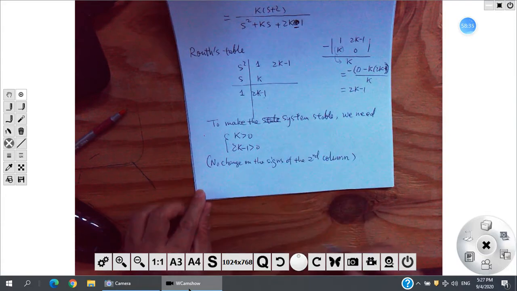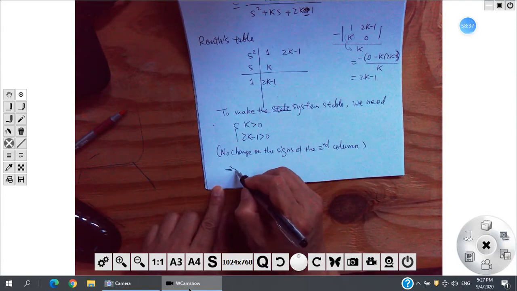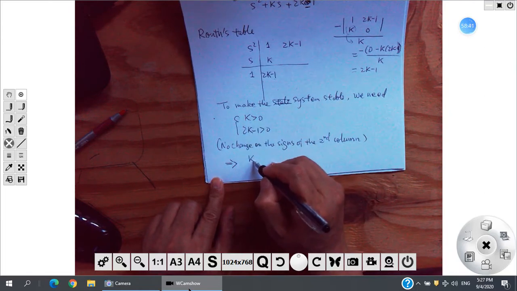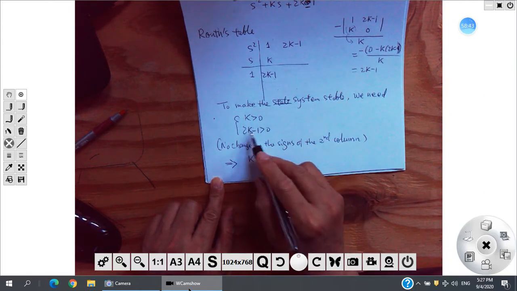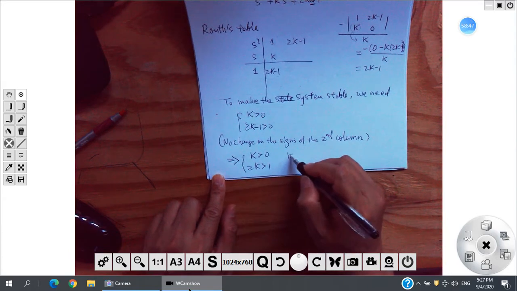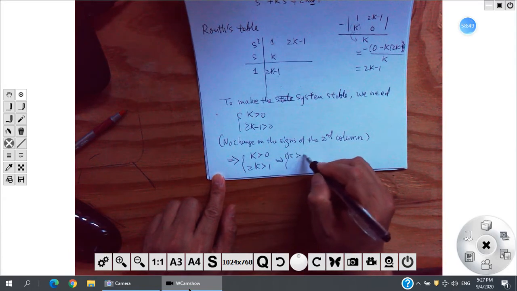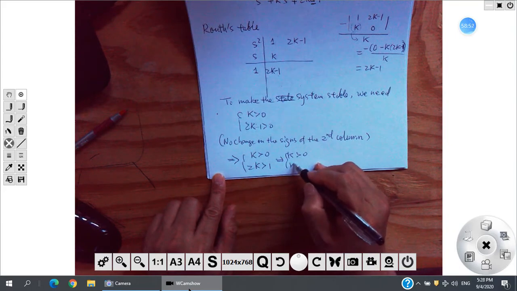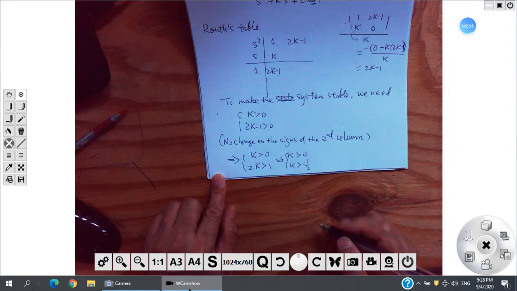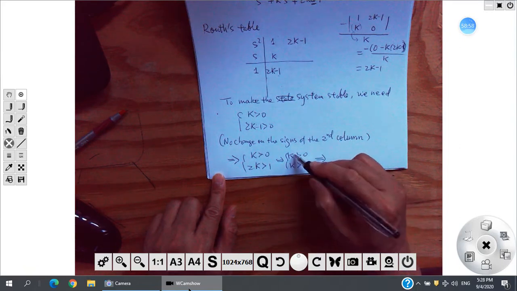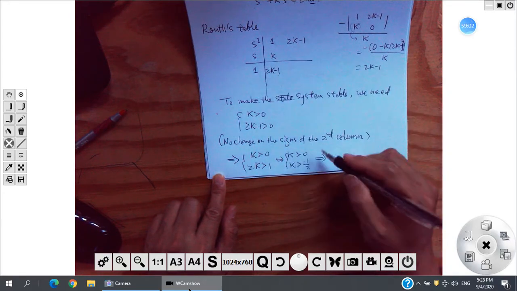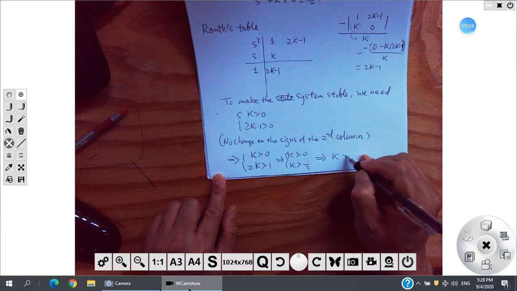Then we can determine what k we can use. First, we want k positive. Second, I can write 2k larger than 1, which means k larger than 1/2. You want to satisfy both together, so k must be larger than 1/2.